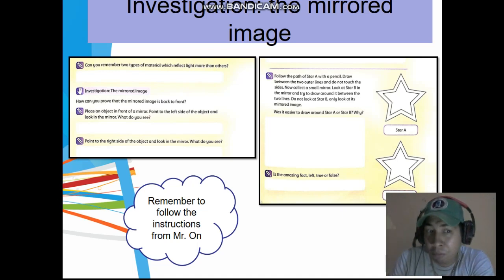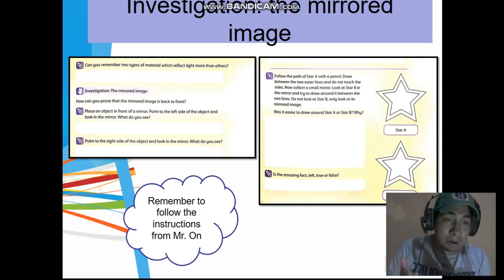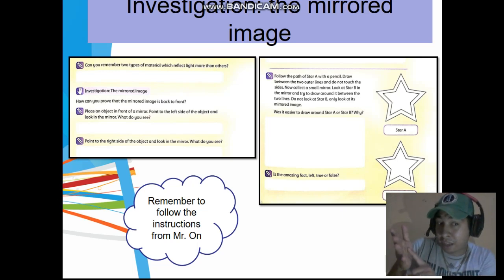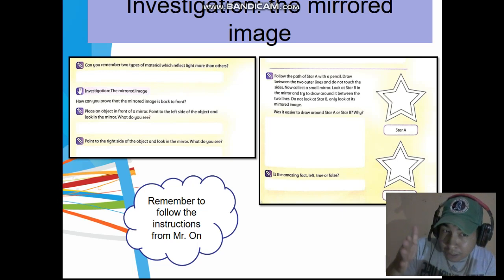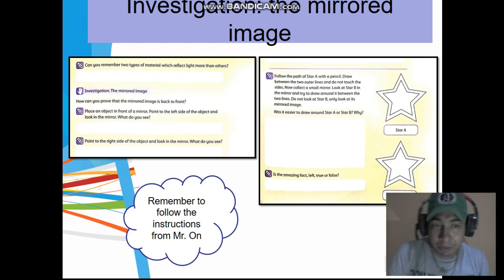It can be a small mirror, it can be a big mirror, something like this mirror. It doesn't matter, but the second part of the activity was to draw while looking at the mirror. You look at the mirror, it reflects the star, and then you draw looking at the mirror. That was the important part.